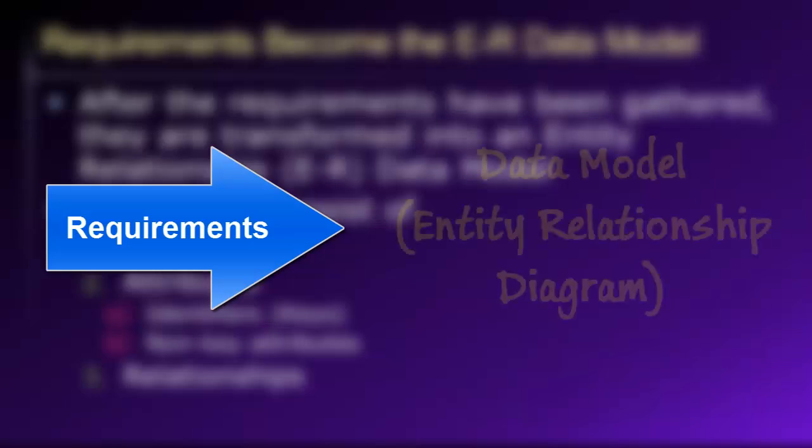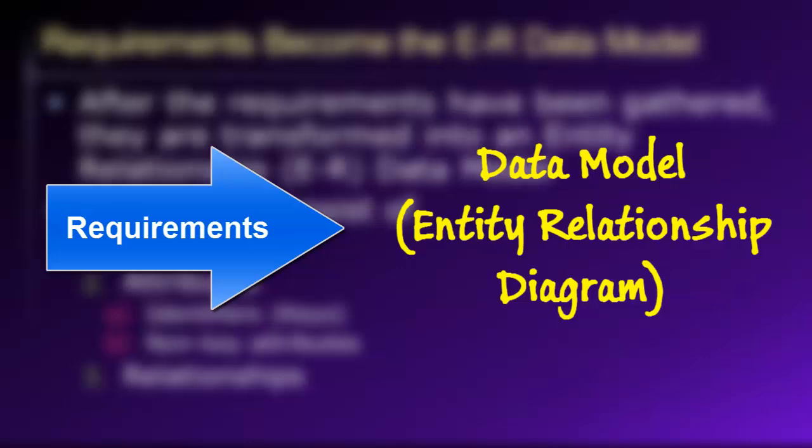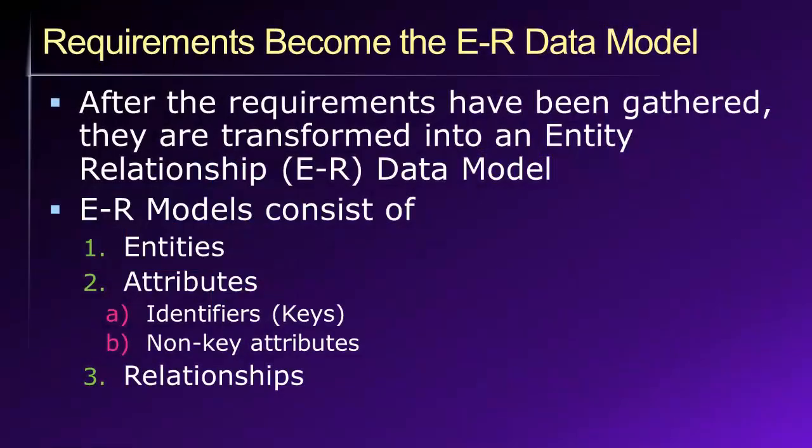So we take everything that we learn through the requirements analysis stage and we process and distill all of that information into a data model, where a data model is a graphical representation of the database system that we ultimately hope to implement. The most popular type of data model that is used in the database world today is known as an entity relationship, or ER, data model.